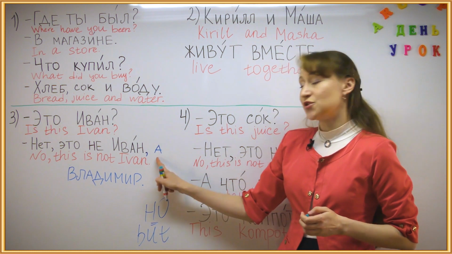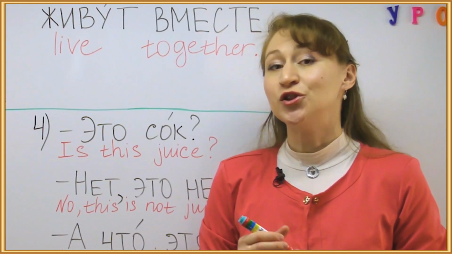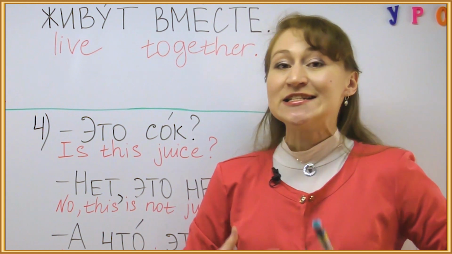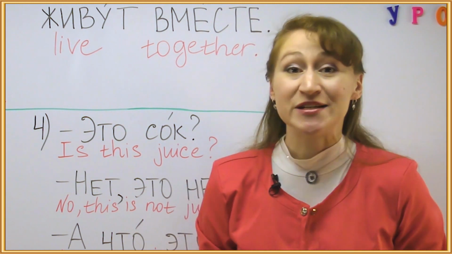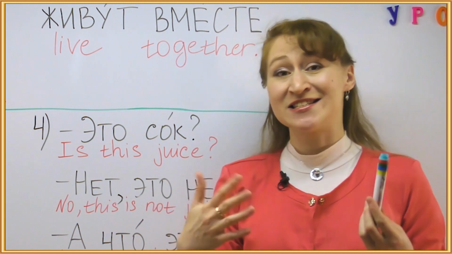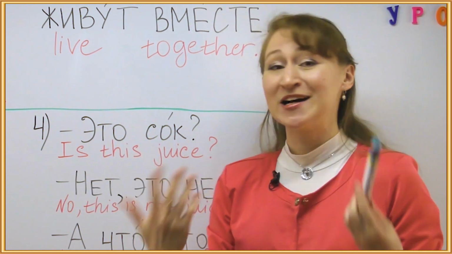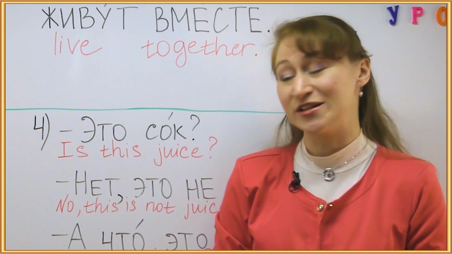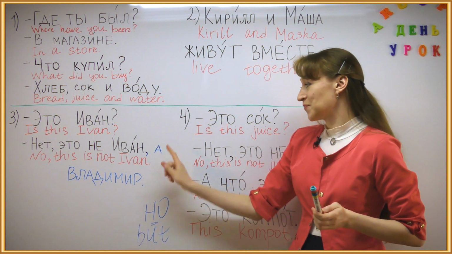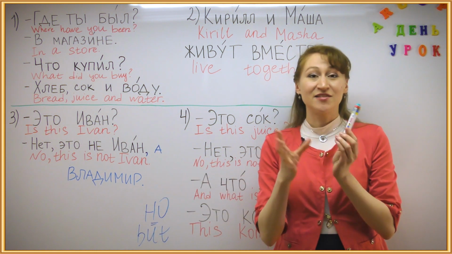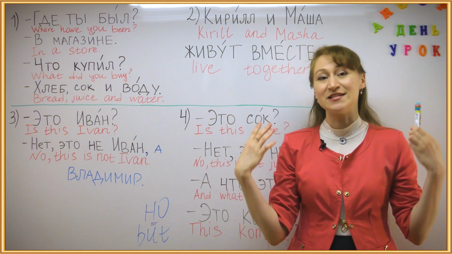However, но is not used in this context because но implies disappointment or broken dreams. For example, I wanted to buy this car, I don't know, but I didn't have enough money to do it. So this is но. Here we don't have any contradiction like this. We don't have any disappointment.